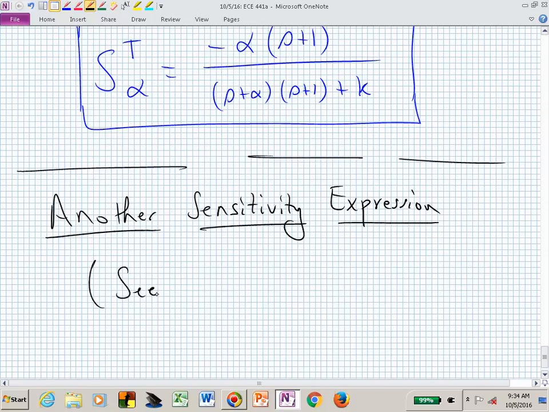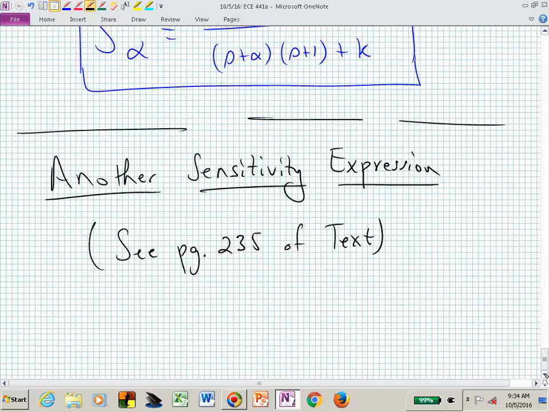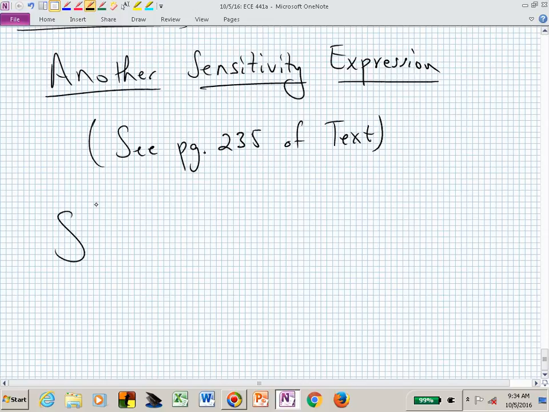And if you want, you should be able to find this in the textbook on page 235. Here's the sensitivity of t with respect to alpha, which last time we said you could equivalently say, oh, that's like taking the partial of the natural log of t over the partial of the natural log of alpha.